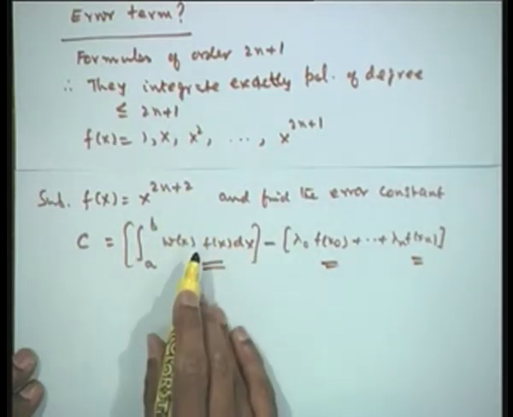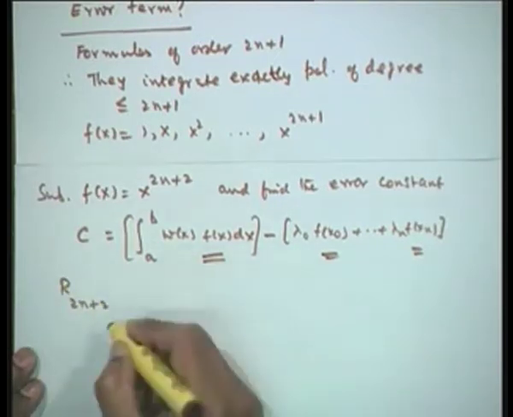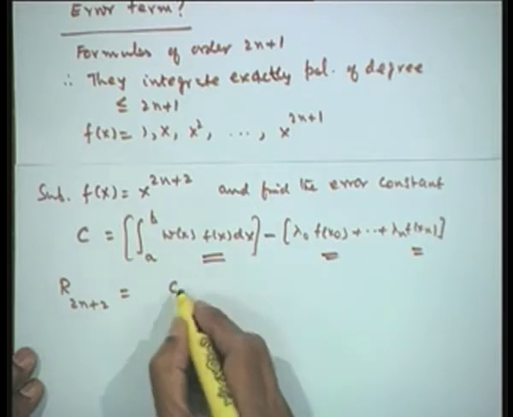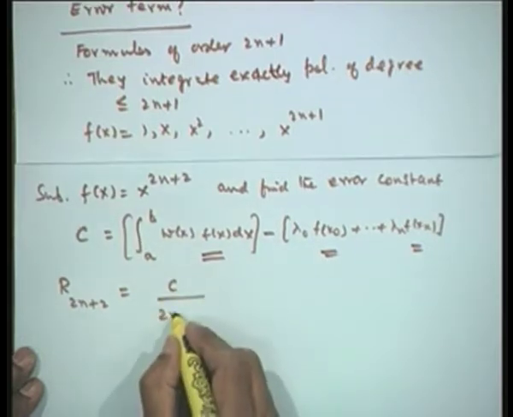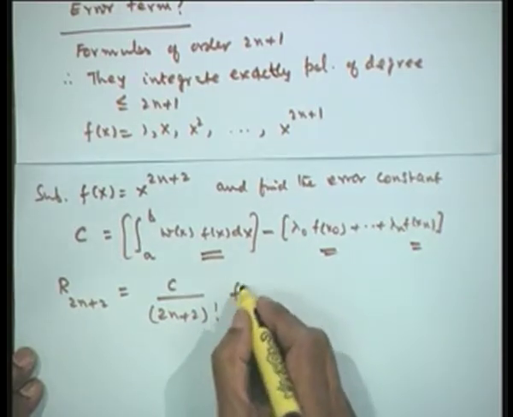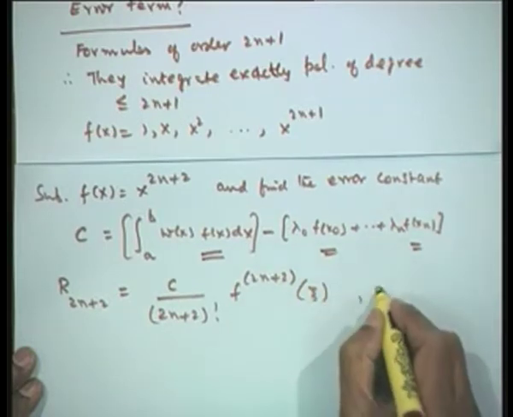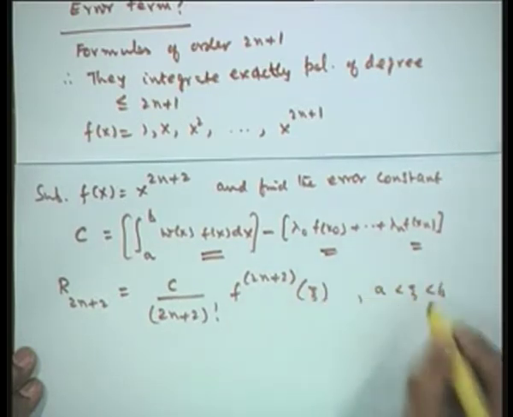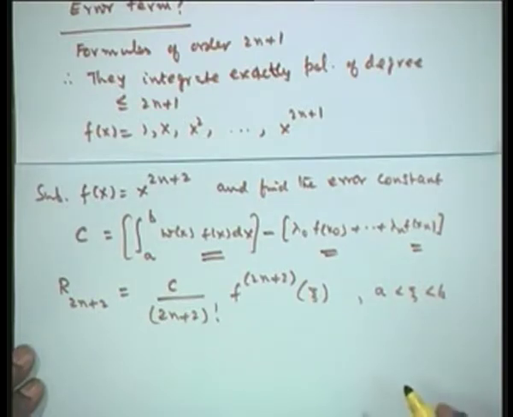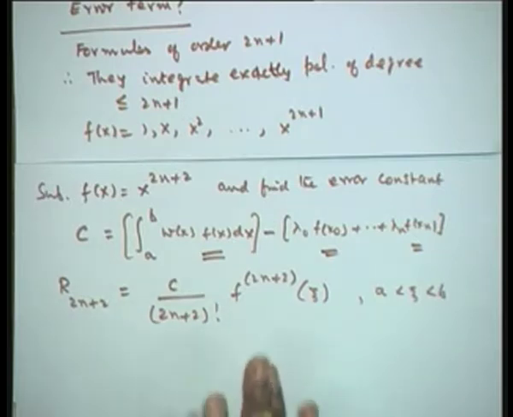This is our error constant. Then the error is given by R 2n plus 2, this is equal to c upon 2n plus 2 factorial times the 2n plus 2 derivative of f at xi, where xi is lying between a and b. This is the general procedure for every method, that we pick up this order of the formula and then find out the error constant and write down our final error formula here.